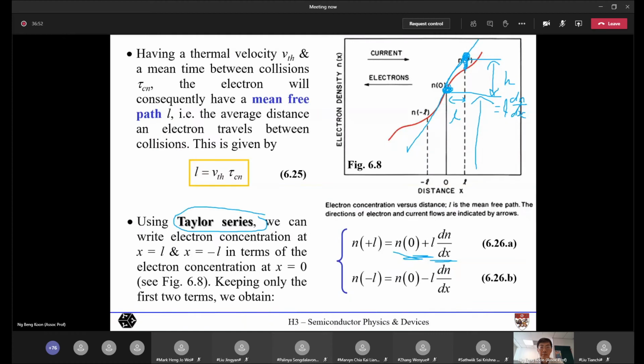That gives you a rather good approximation to the values on the left and right that are near to the point we are considering. That's Taylor series. But the bottom line is that this is essentially just using the gradient of the tangent at the reference point and estimating the values on the left and right hand side.